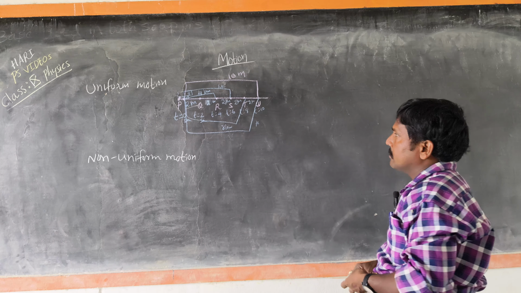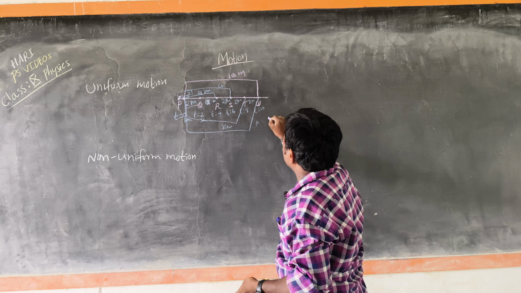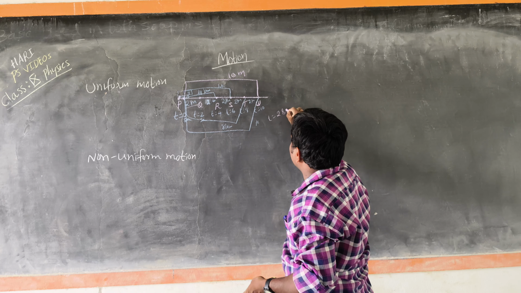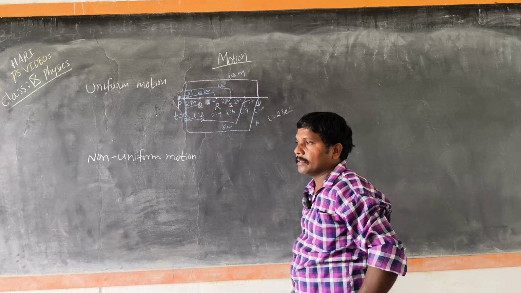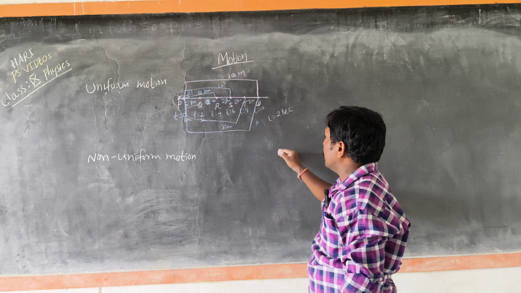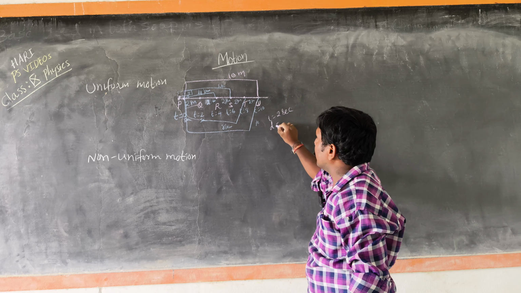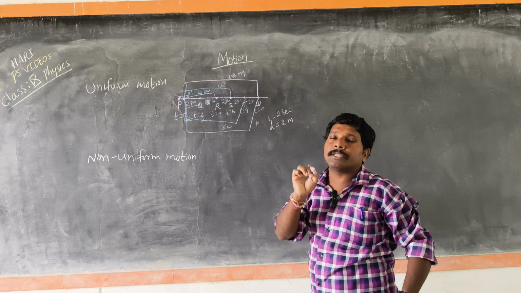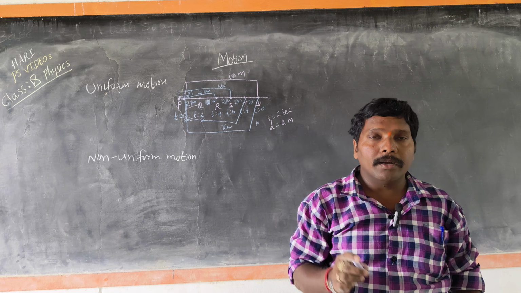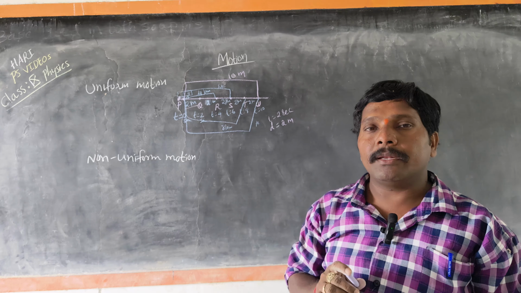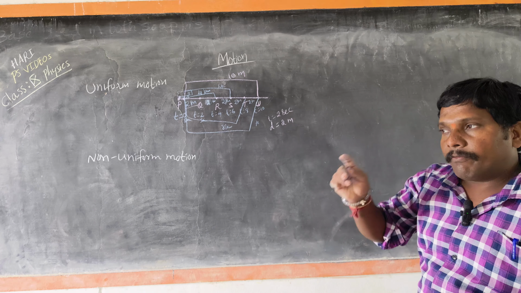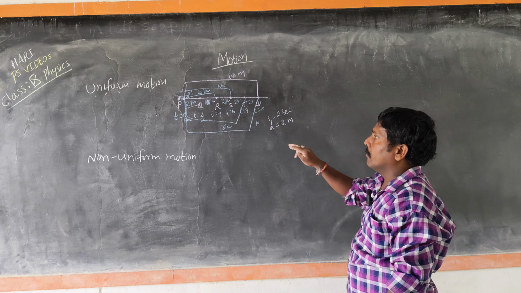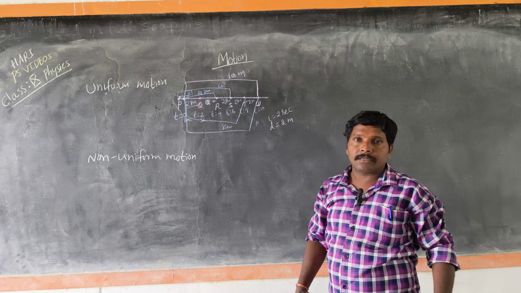What is the equal interval of time? 2 seconds. The time gap between 2 points is 2 seconds. In that, how much distance is covered? 2 meters. For every 2 seconds, the bus covered 2 meters.